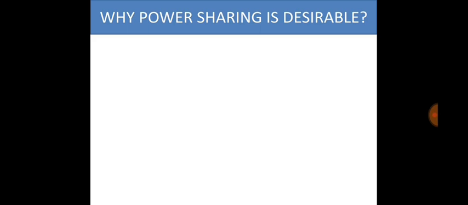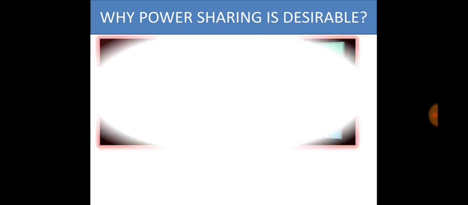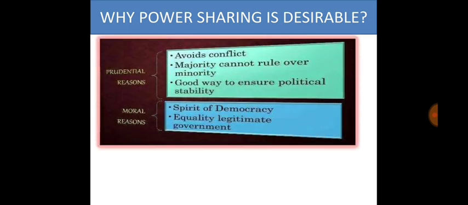There are two reasons. Prudential reason: it avoids conflict. Majority cannot rule over minority. And it is a good way to ensure political stability. And the moral reasons are that it is in the spirit of democracy, equality, and legitimate government.